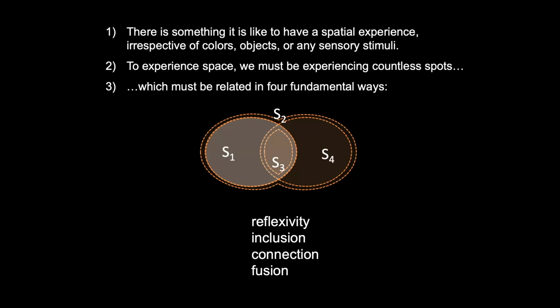It's a non-extended spot. Well, it depends if you want to call them spots or points. You can experience points. They're not dimensionless because you see them, but there's no internal region. And on the counterpart, the total spot is not included by anything, but it only includes things and it doesn't connect to anything.